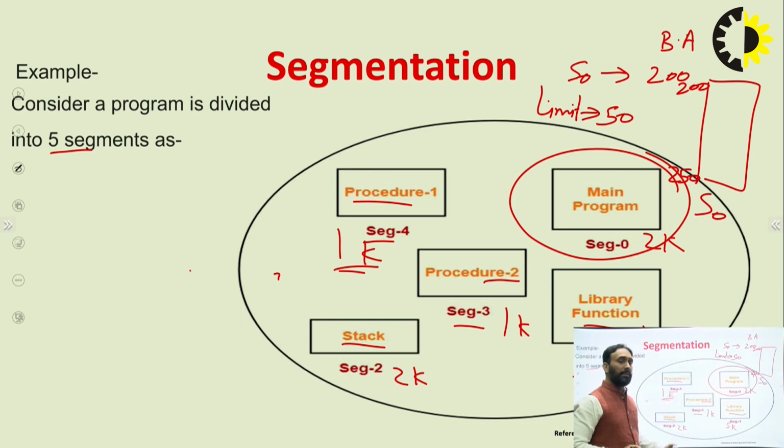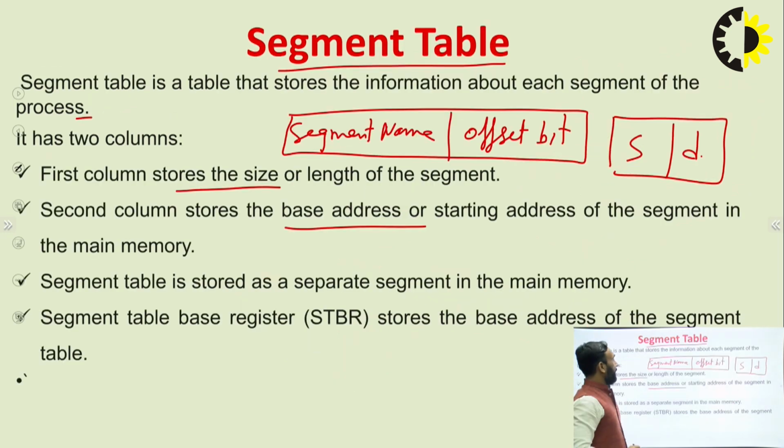Likewise, other segments are also stored in the same way. Here the segment names are S0, S1 up to S5 if we take the previous example, and all segments have a different range to store their content in main memory.